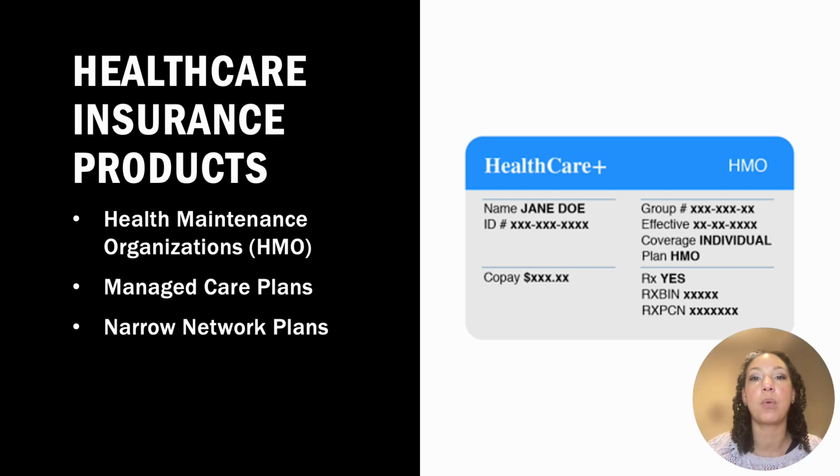They're anticipating what the cost would be and then sending an amount per month to those providers to hopefully cover all of the services. So I think you can kind of see the problem there. And then narrow network plans, they're actually very similar to HMOs. It's just that the focus is narrow, they're smaller.